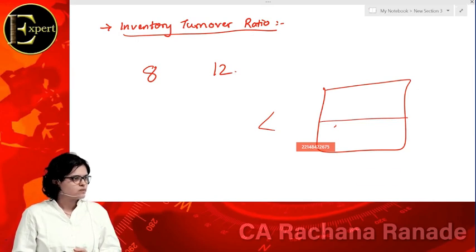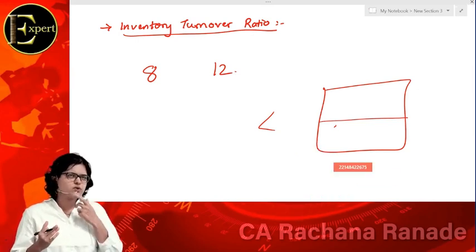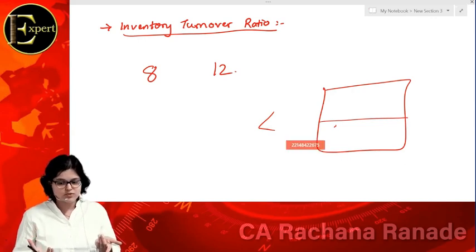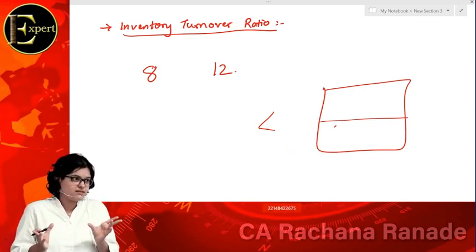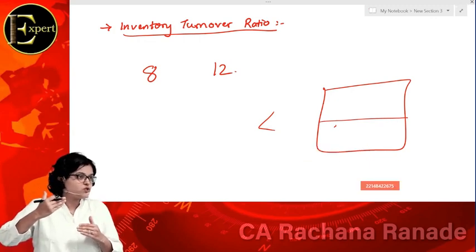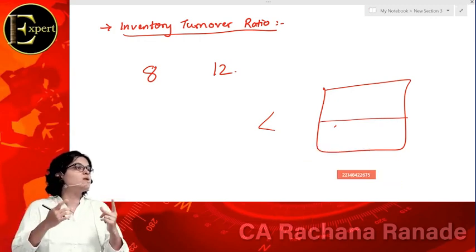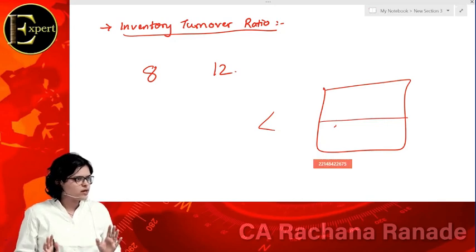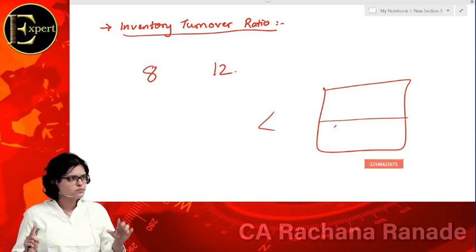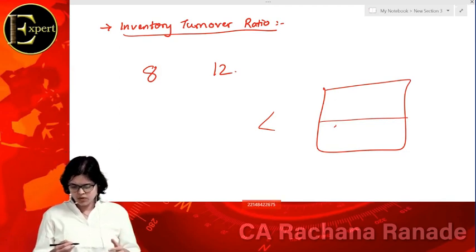Okay, so higher the inventory turnover ratio, can I say liquidity will increase or decrease? Increase. So in simple words, better inventory turnover ratio should ideally lead to better liquidity. Is this okay? So basic meaning of inventory turnover ratio is clear? Can we go on? Yes.